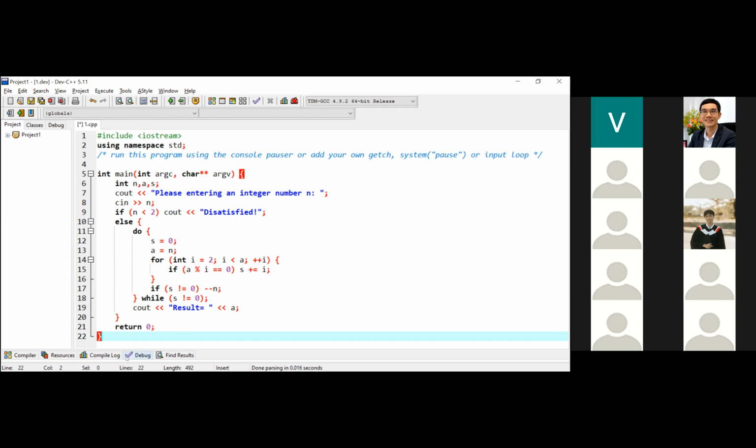One is a for loop and one is a do while loop. Is it correct, everyone?